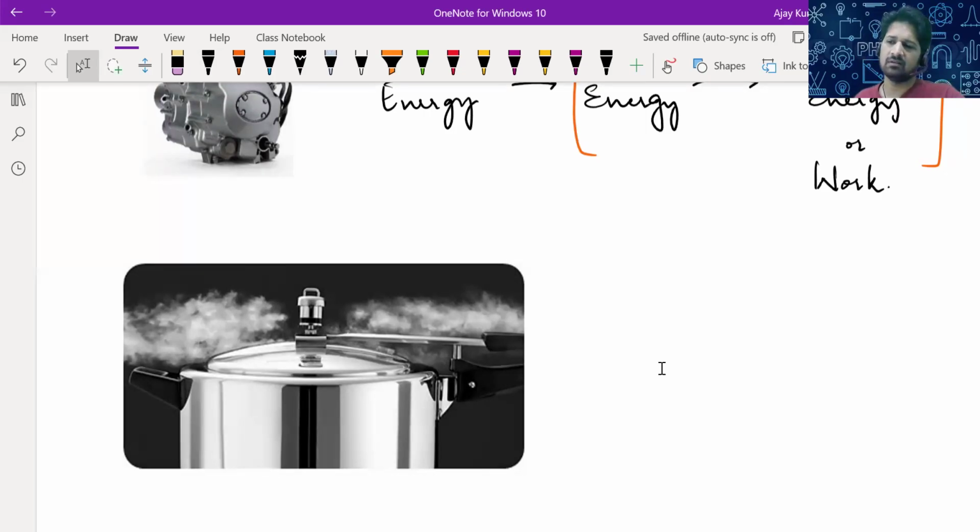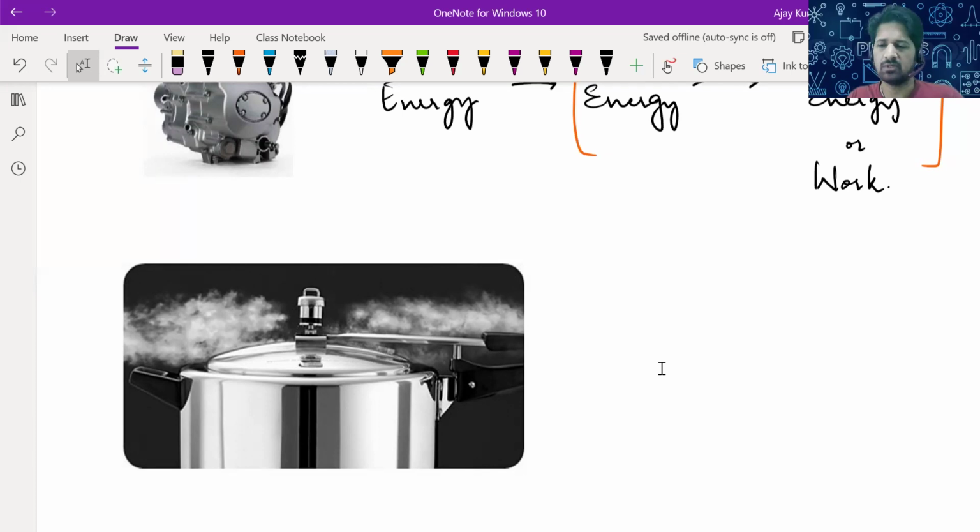Okay. When heat is supplied to steam, basically it would expand. Now, inside the pressure cooker, there is limited volume.